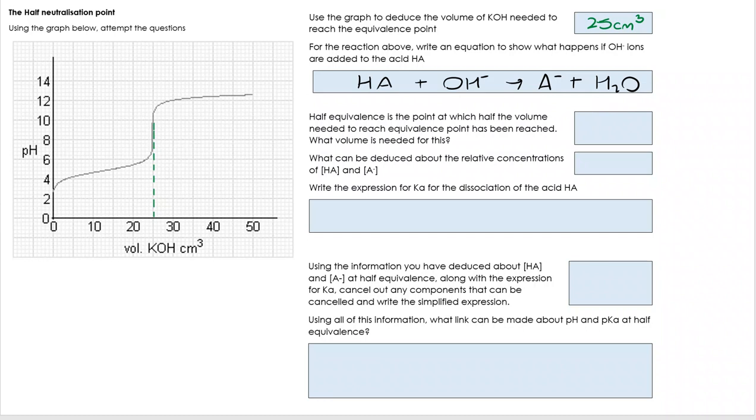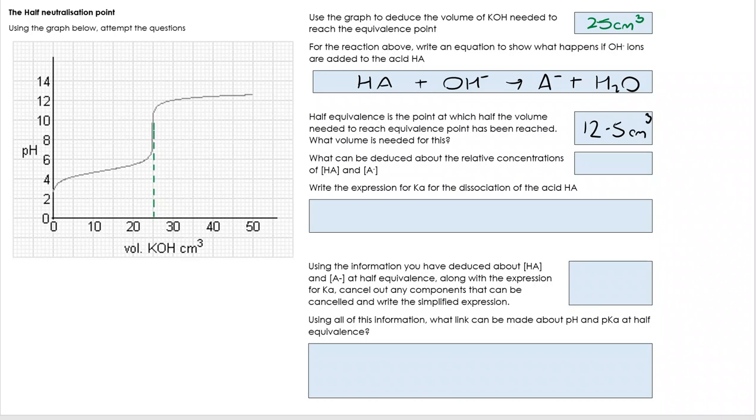Next question. Half equivalence is the point at which half of the volume needed to reach equivalence has been reached. What volume is needed for this? Well, that's simply halving that value of equivalence point. So it's 12.5 cm cubed. And what can be deduced about the relative concentrations here of HA and A minus?